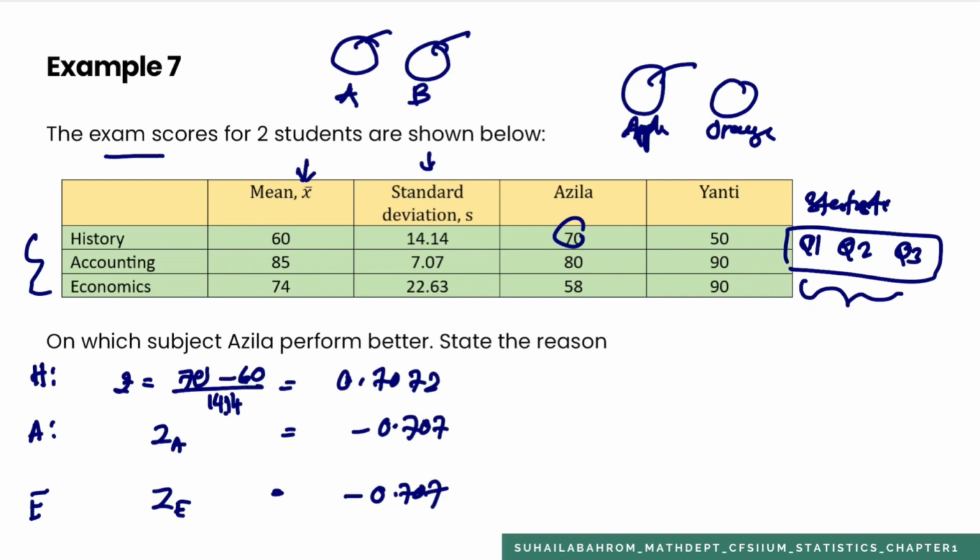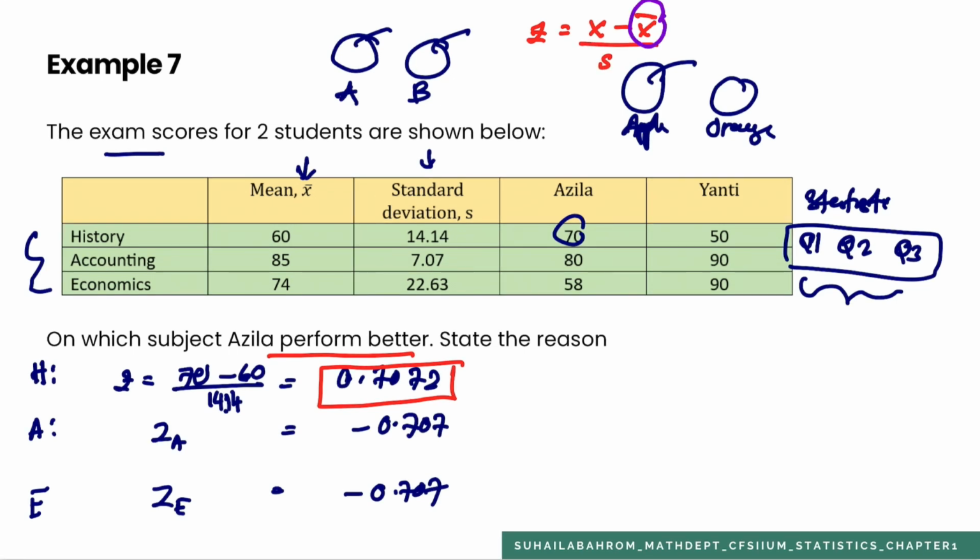Since we want to know in which subject she performed better, of course we look at the Z-score which is higher. The higher Z-score shows the subject in which she performed better, because from the formula, Z is equivalent to X minus the mean divided by the standard deviation.